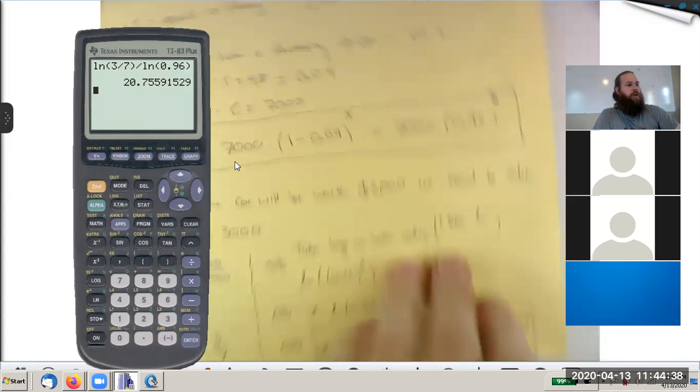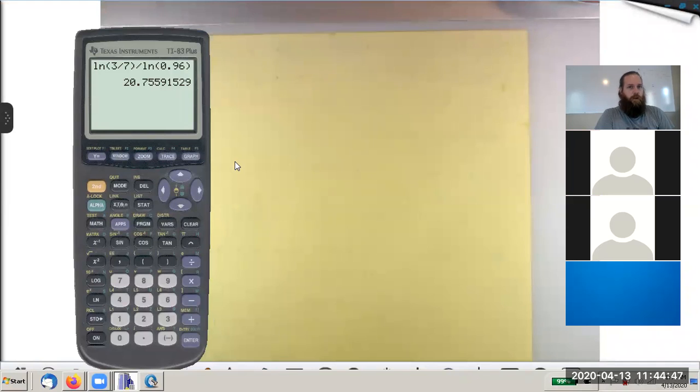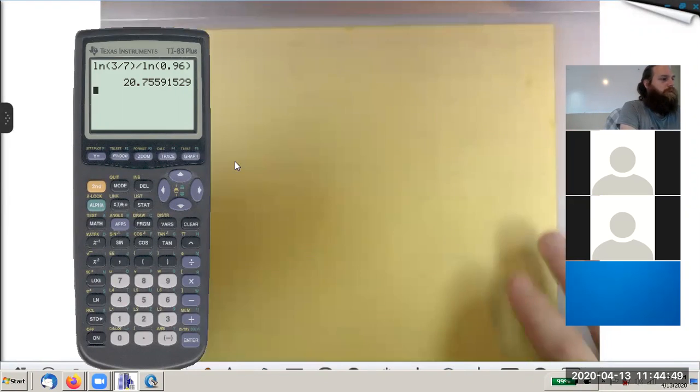John asked, will we have to know the equations for this test? If you mean the formulas for exponential functions, yes. Yes, you will need to know the following formulas for the test.